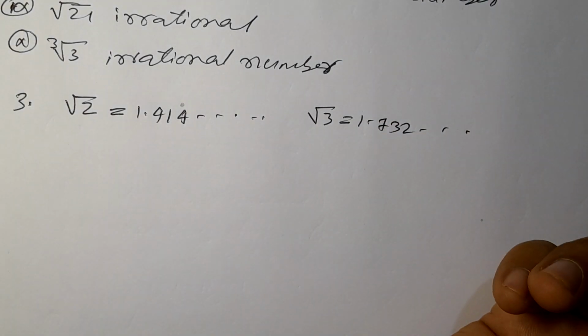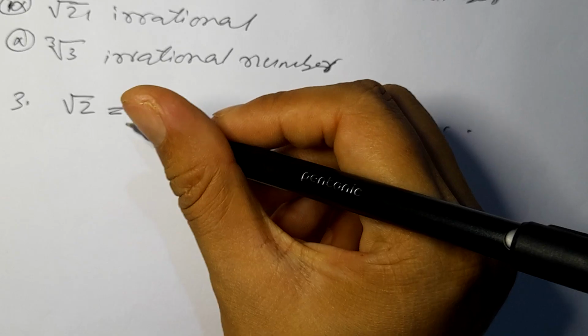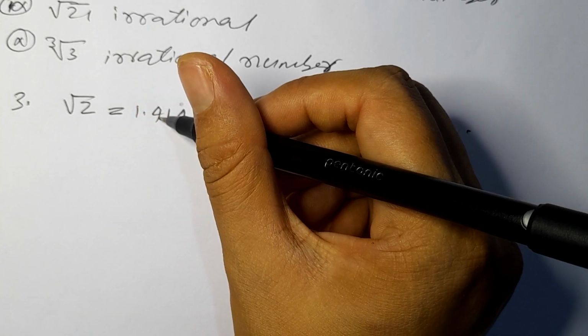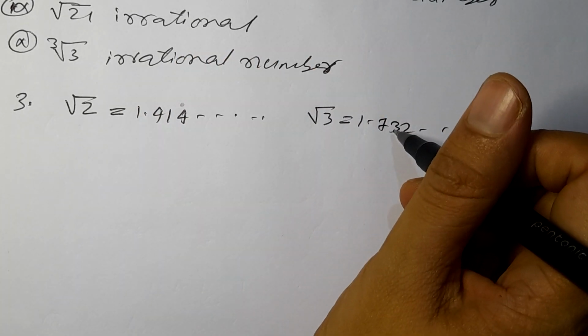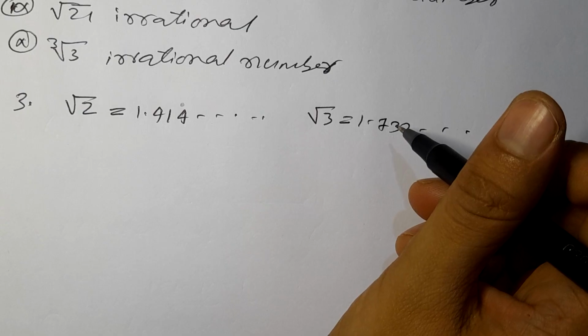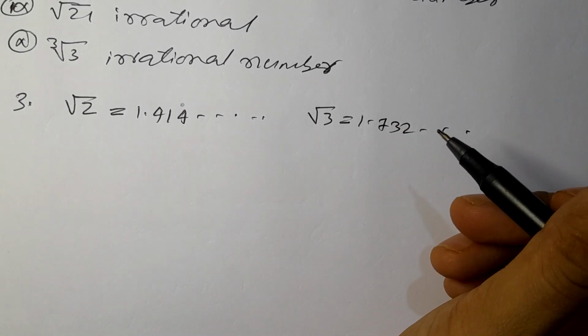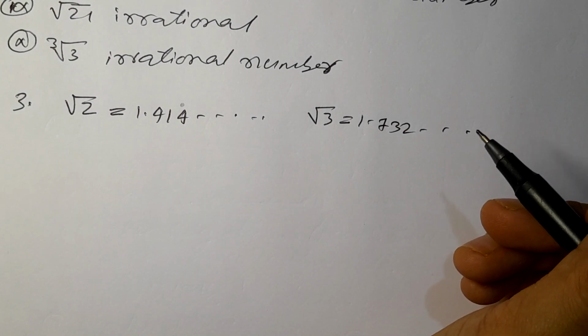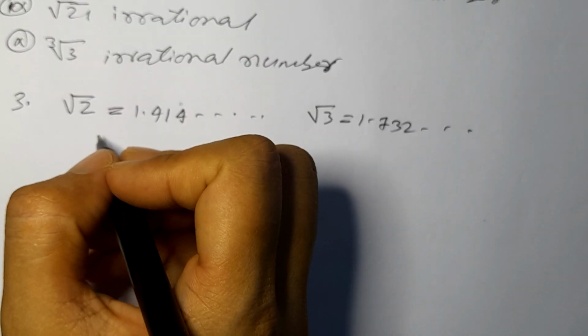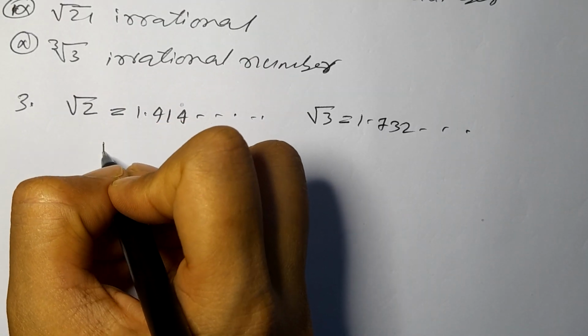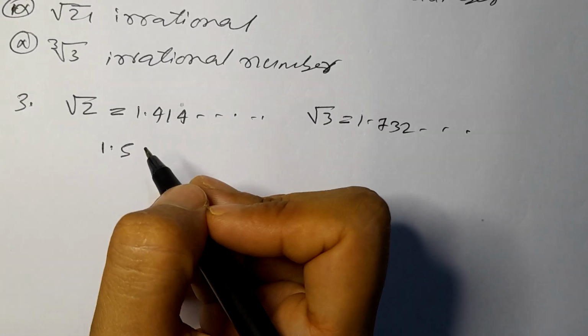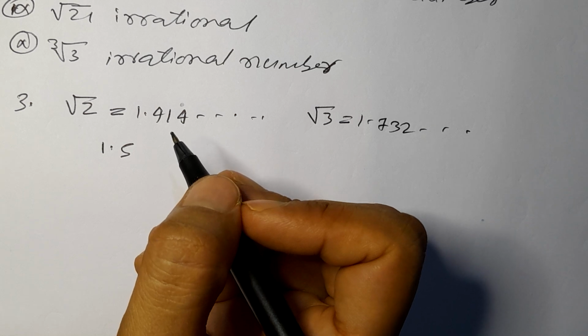So I have to find a rational number between these. This is 1.4, above this is 1.7, so in the middle I can take 1.5 or 1.6. I am going to take 1.5. If you want, you can take 1.6 also, it is also correct, because it is a rational number.